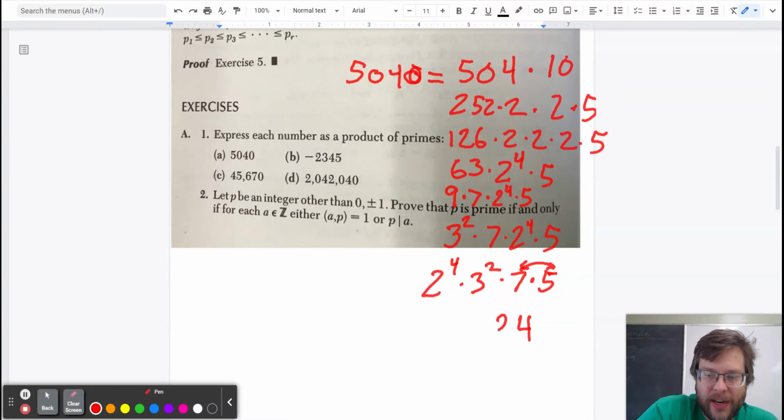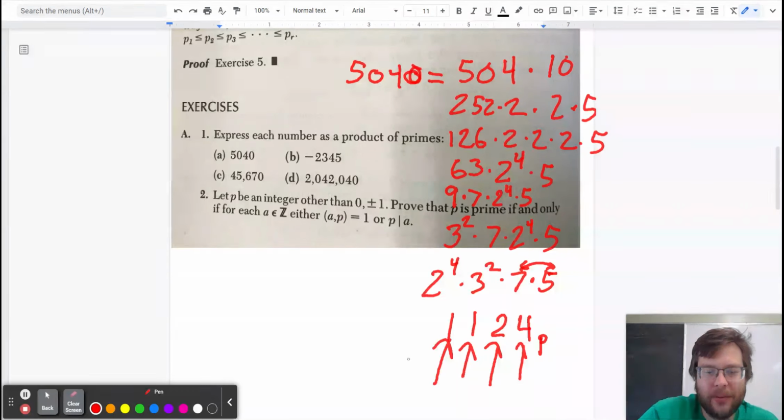And so I could write this number like this in base primal. And this is just saying, right, 2 to the fourth, 3 to the second, 5 to the first, 7 to the first. And because of the fundamental theorem of arithmetic, every integer could be written in primal notation.